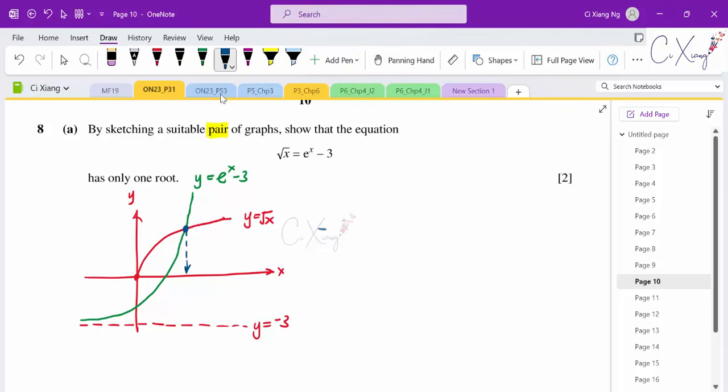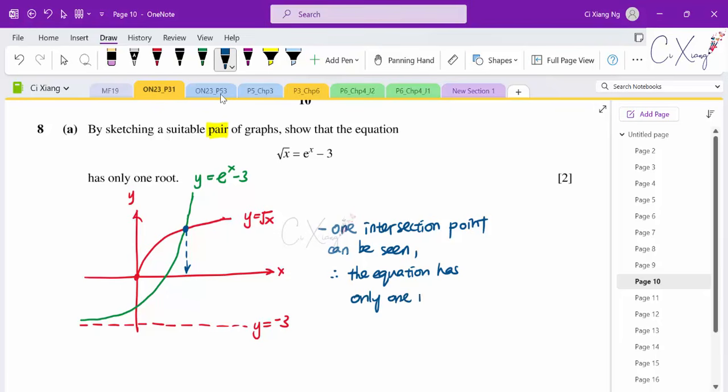There's only one intersection point, so you have to make a simple conclusion where one intersection point can be seen. Therefore there's only one root. The equation has only one root. When you sketch the diagram, please make sure that you label the graph very clearly. Then proceed to the next part.